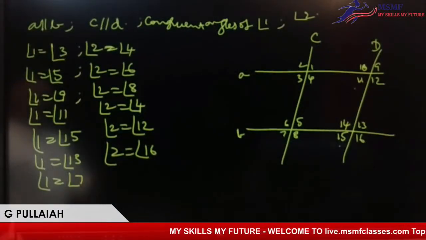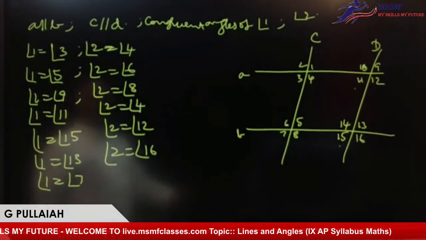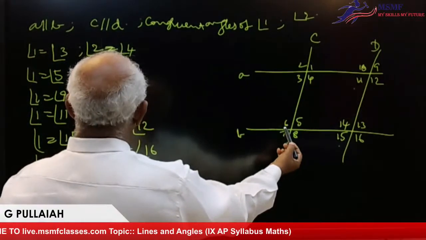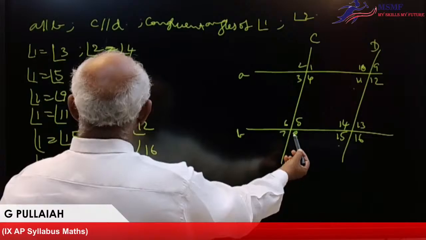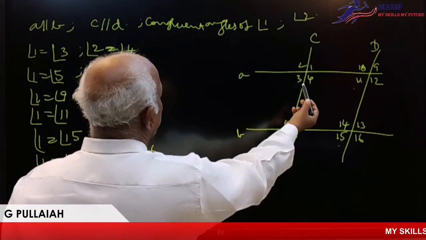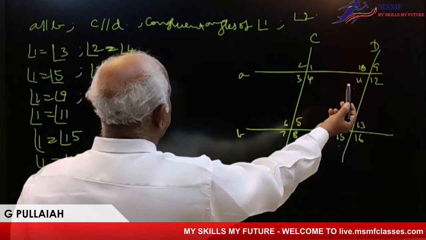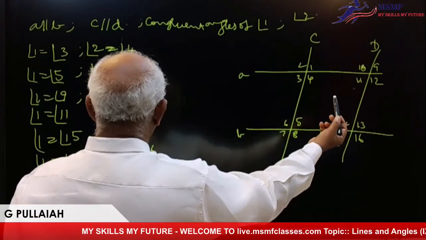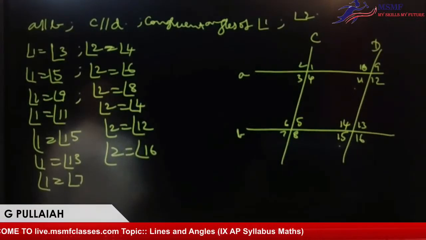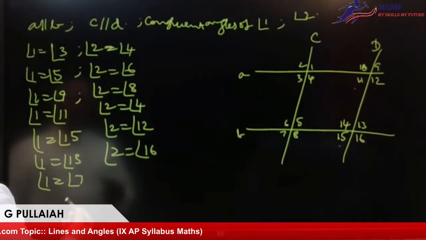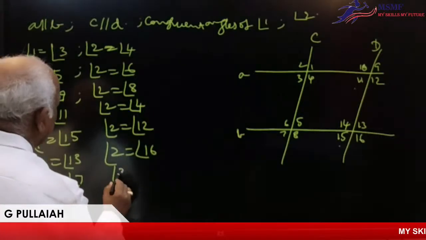So likewise you can list out the angles. Angle 2 is equal to angle 4. Again, angle 4 is equal to angle 6. Angle 6 is equal to angle 8. And angle 8 is equal to angle 4. Again, angle 4 is equal to angle 12. And then angle 12 is equal to angle 14. So thereby you can say angle 2 is equal to angle 14.